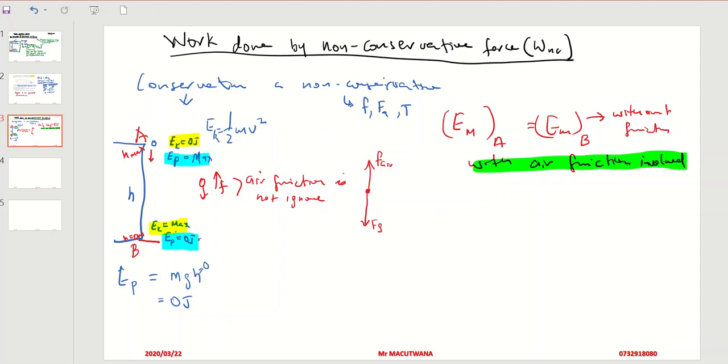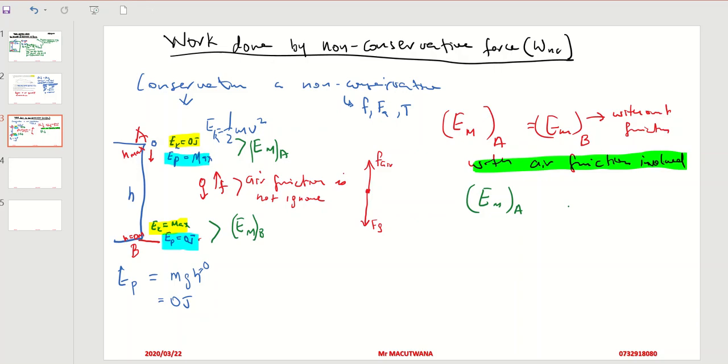So it would therefore mean that if you think of here, your EM at point A and your EM at point B.